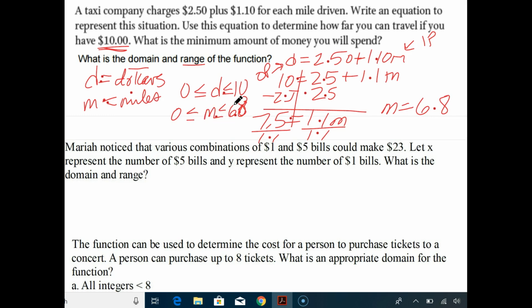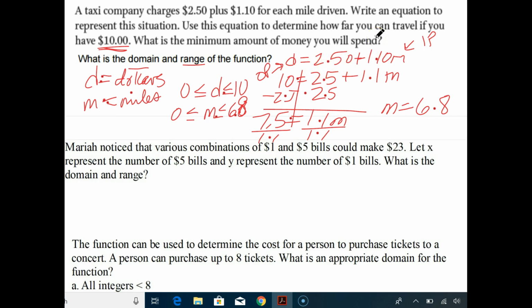Ayana brought up something very interesting that I'm really thinking to consider. She said today in class that, well, if you don't go 0, if you spend $0, wouldn't the domain be D is greater than or equal to 2.5 and less than or equal to 10, because if you don't go any miles, you still pay the $2.50.